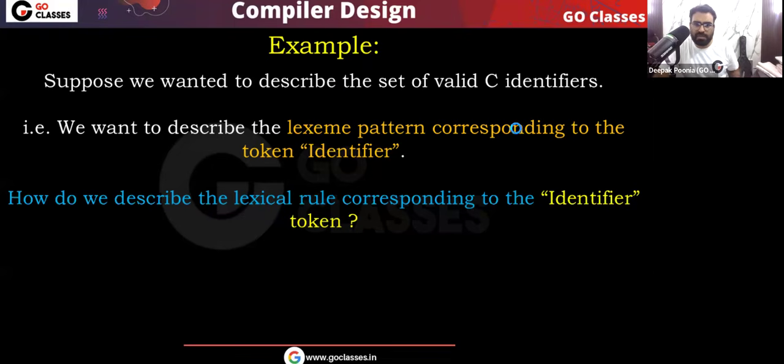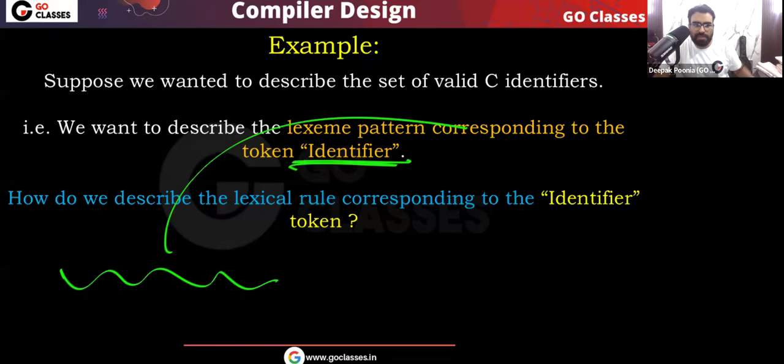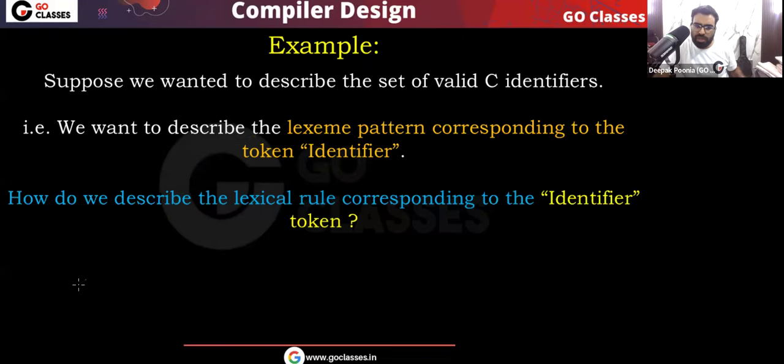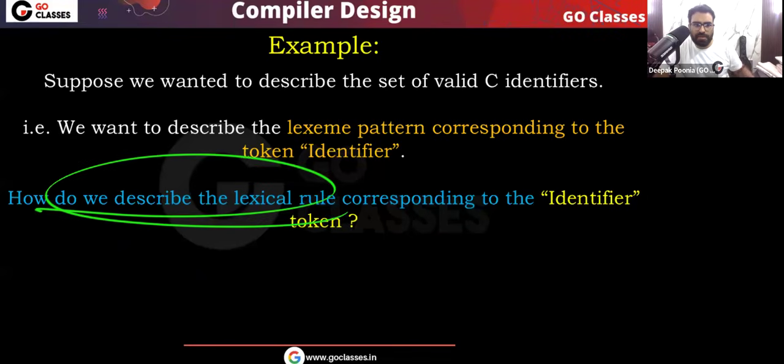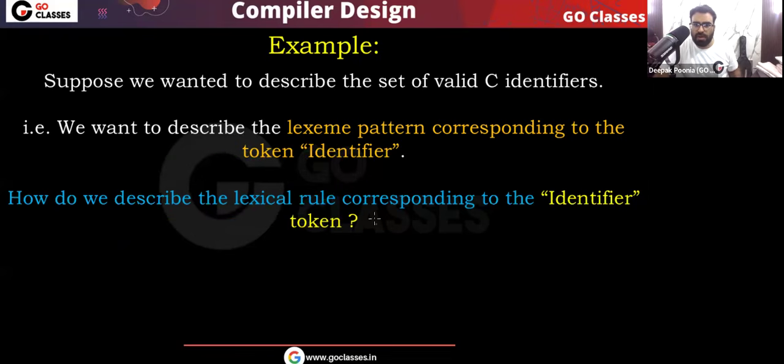So basically we want to describe the lexeme pattern corresponding to the token identifier. This lexeme pattern we want to describe, for which we will generate the token identifier. Meaning we want to describe the user defined variable names and user defined function names. So how do we describe the lexical rule or the lexical pattern corresponding to the identifier token?